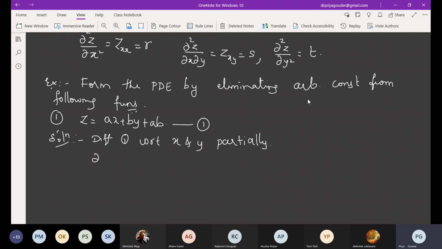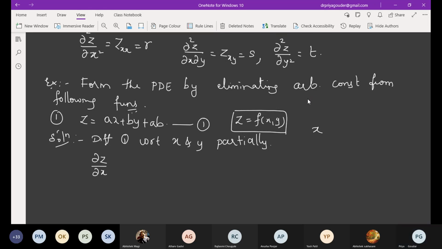Okay. So derivative of z with respect to x is dou z by dou x, because z is a function of x and y. Don't forget. Otherwise, you may write it as 0. That will be wrong. Derivative of x with respect to x is 1. What is derivative of y with respect to x? 0.